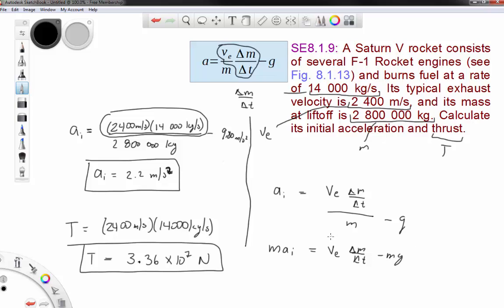And this is just Newton's second law, because this term right here is the thrust term. This term right here is the force from gravity. And so this is basically saying sum of forces is mass times acceleration, where the sum of forces in this case are given by the thrust and gravity. And since the thrust is upwards and gravity is downwards, hence we have this minus sign in here. So that's where this equation is actually coming from.